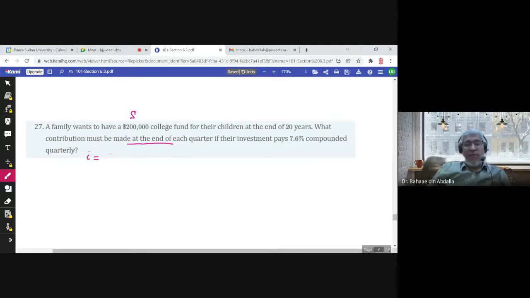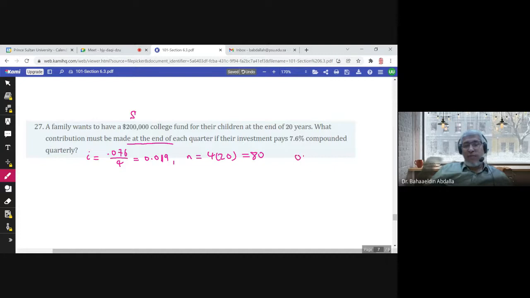So I here is 0.076 divided by 4, and this will give you 0.019. And the number of periods, 4 times per year for 20 years, is 80 periods. And this is an ordinary annuity.